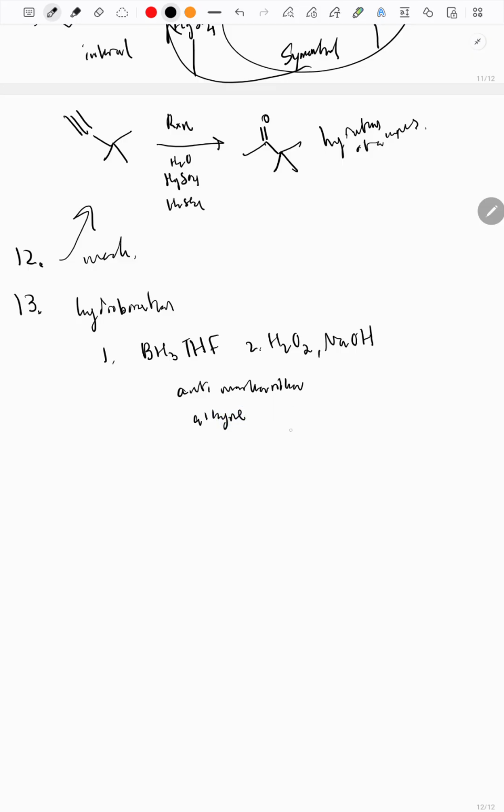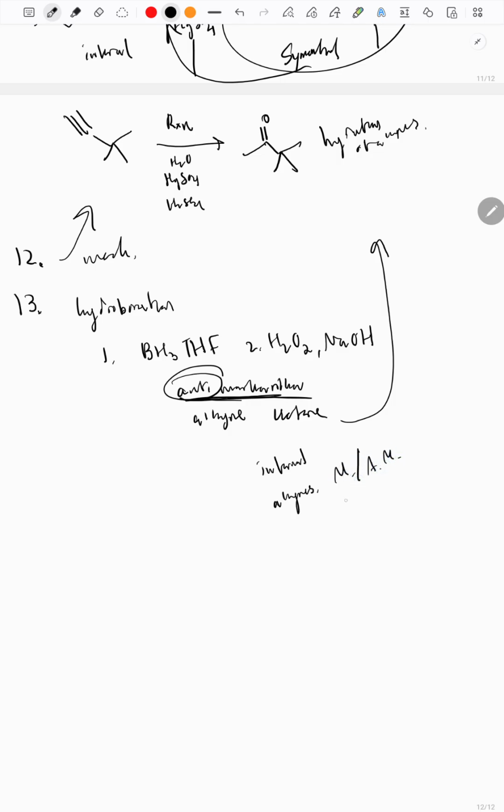And what we get is also ketones like above, except that this is anti. But then we know internal alkynes don't really care about either Markovnikov or anti-Markovnikov. Doesn't care.